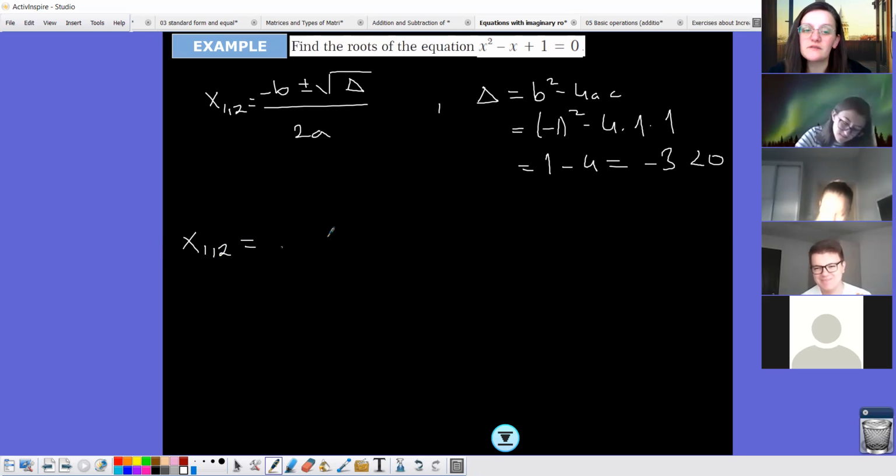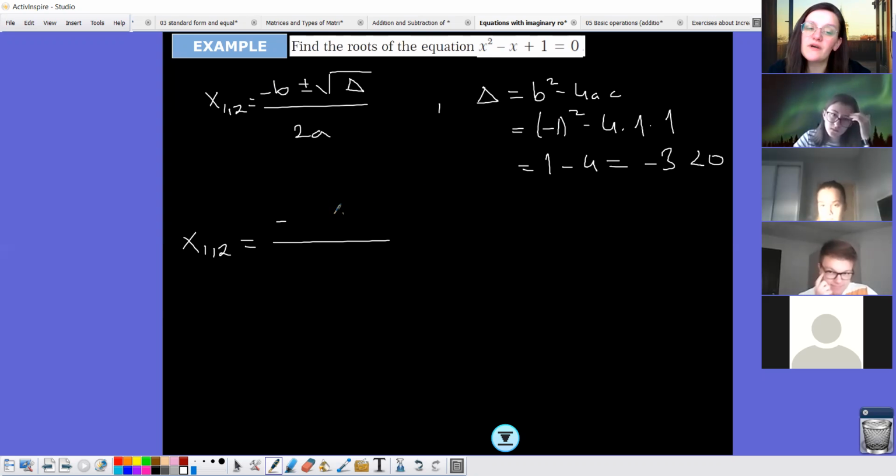Then I found the discriminant. What will I do? Quadratic formula, minus b. Our b is minus 1, so minus b is 1, plus or minus root of minus 3, over 2 times 1.